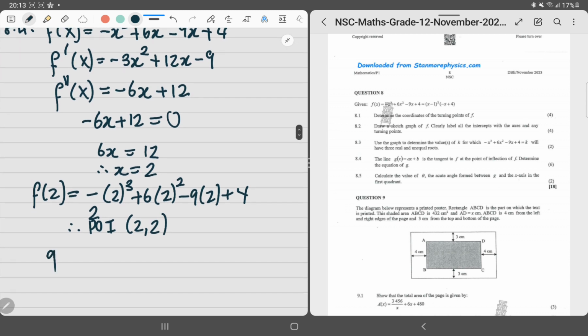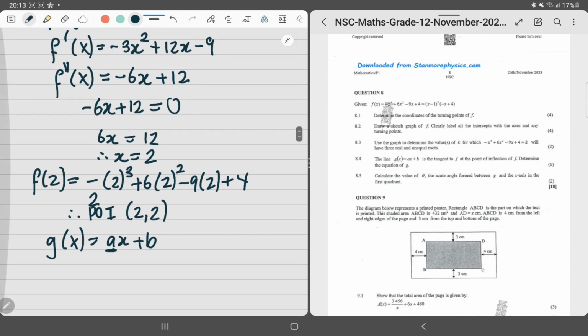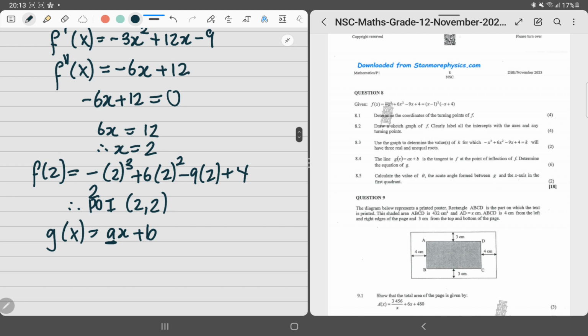Now we know that g of x is given by ax plus b, where a is the gradient. We currently don't know what the gradient is at the point of inflection, but we can find it because we know that at the point of inflection x should be equal to 2.